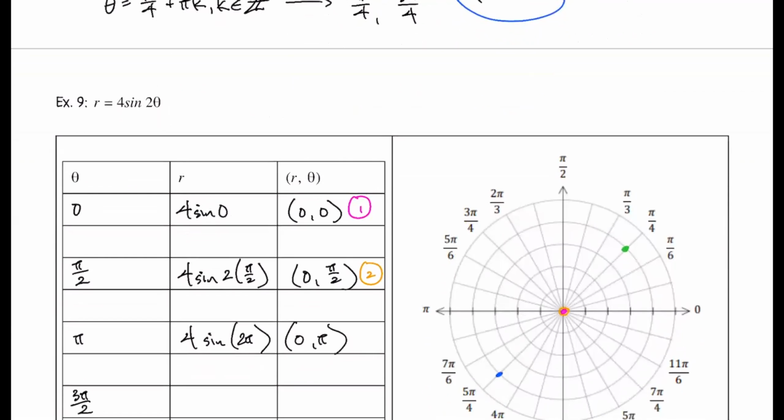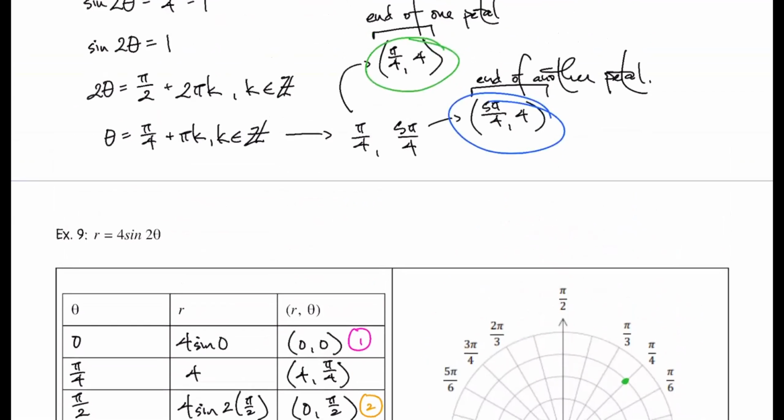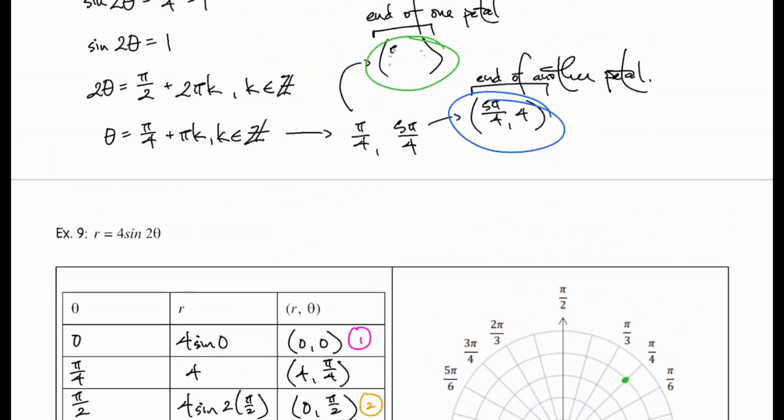So if I put that back into the table at pi over 4, I'm going to get 4, and that will give me 4, comma pi over 4. Oops, I wrote those backwards. Sorry.